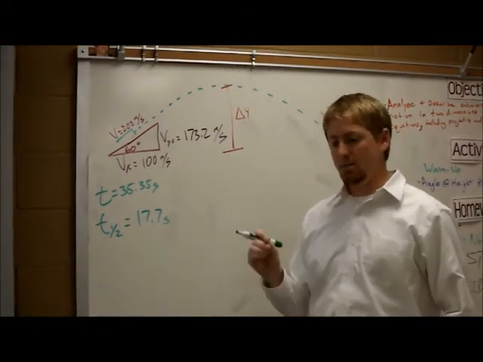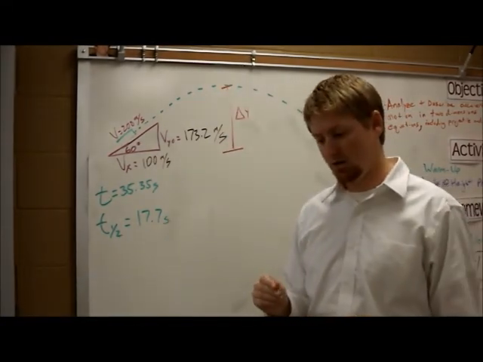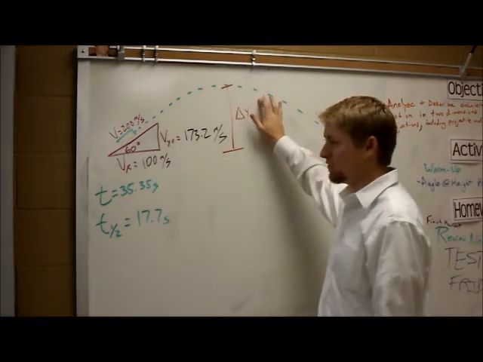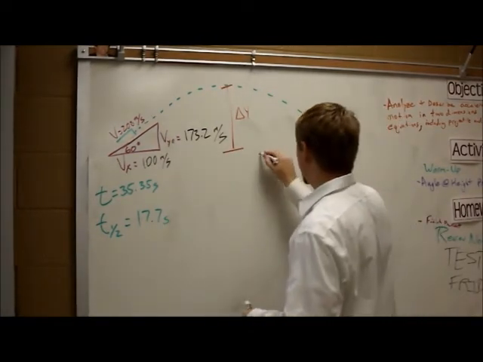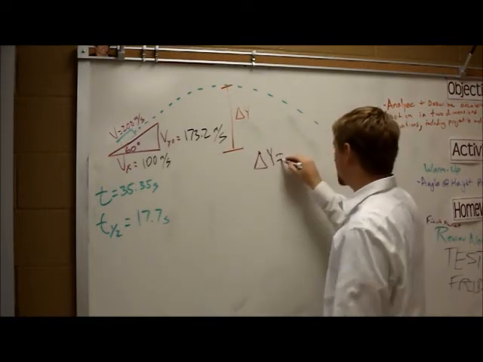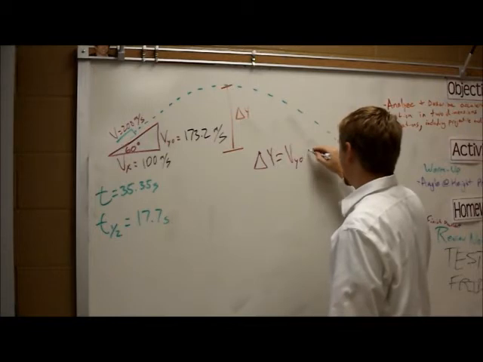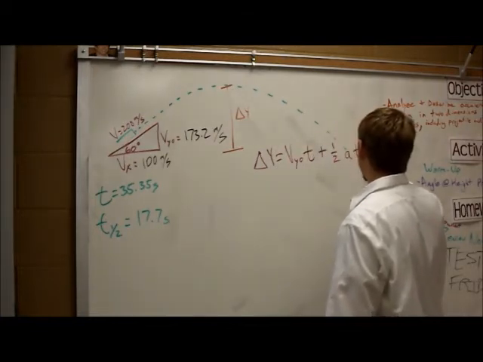Why this matters? Because we're going to find the maximum height reached. We have a formula for this. Delta y, or dy, equals Vy0 t plus 1/2 AT squared.